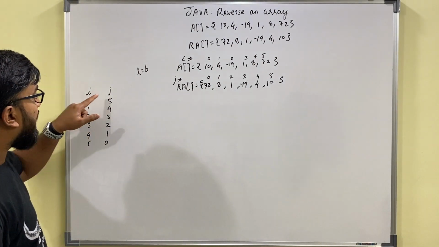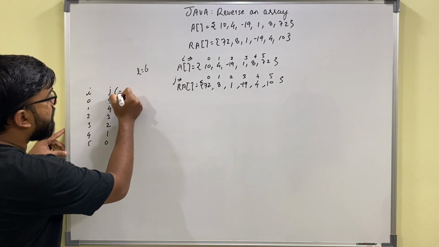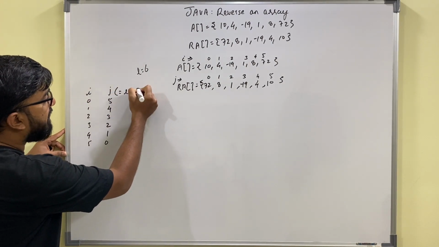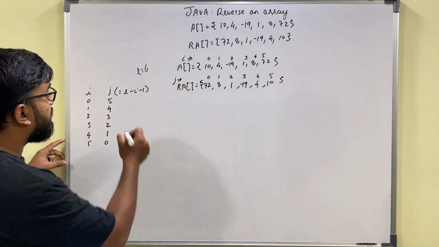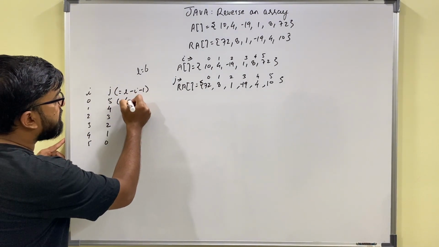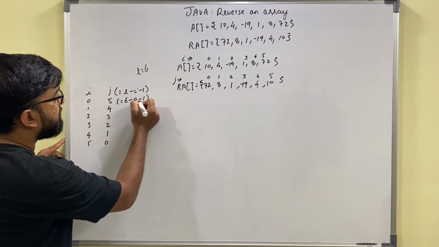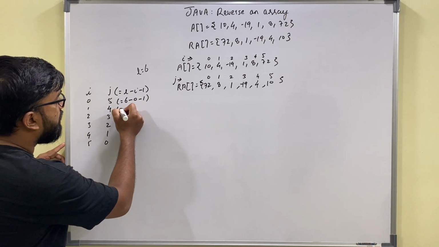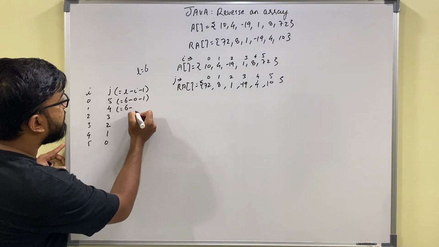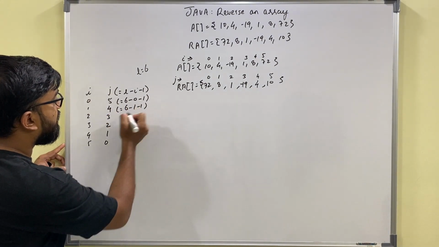So how can we relate i and j? I can say j equal to L minus i minus 1, where L is the length of this array. So for i equal to 0, this is equal to 6 minus 0 minus 1, which is equal to 5. For i equal to 1, this is 6 minus 1 minus 1, which is equal to 4.